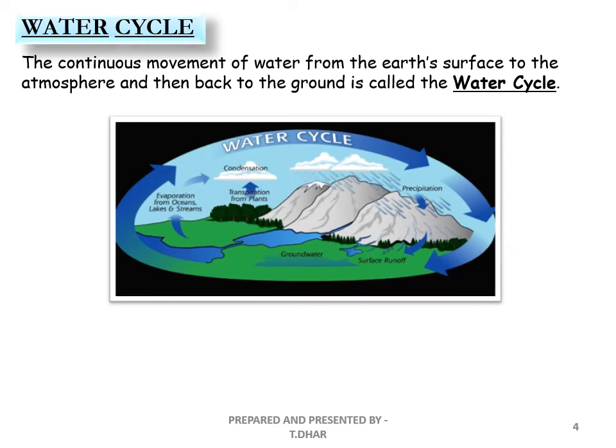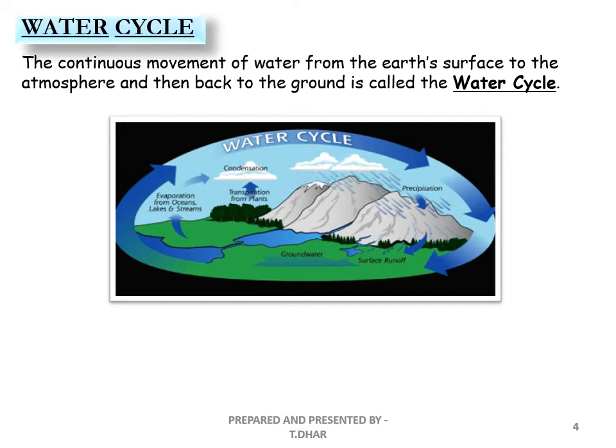So as you can see in this picture, which is there in your books as well, the groundwater is evaporated from the oceans, lakes and streams. You can see it on the left hand side of the picture.